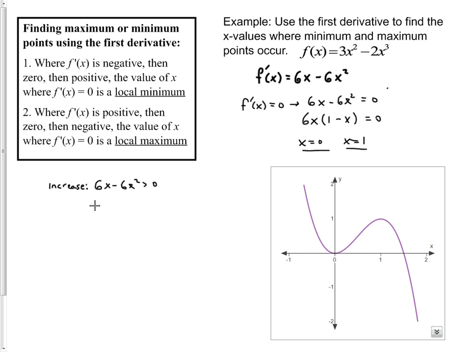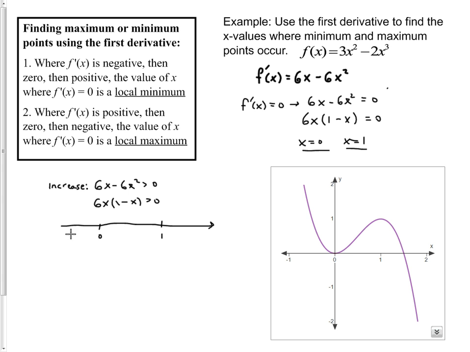If you don't recall doing this, this was the kind of inequality where we could set our factors, 6x times 1 minus x, greater than 0, find some points on the number line that make the inequality true, and we know that 0 and 1 are two such points. So we might test, where is this true? Well, we want to pick interval values within each of our intervals.